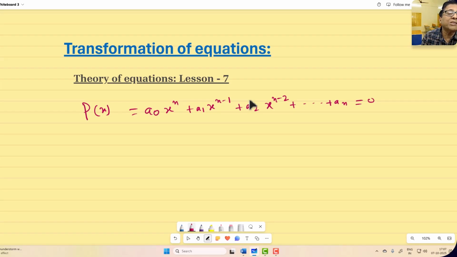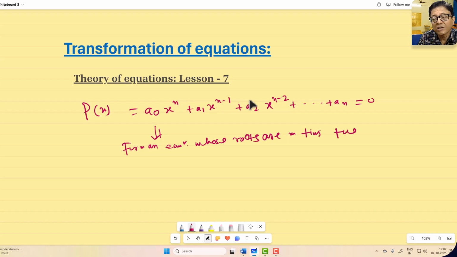The problem is like this: form an equation whose roots are m times the roots of the above given equation.